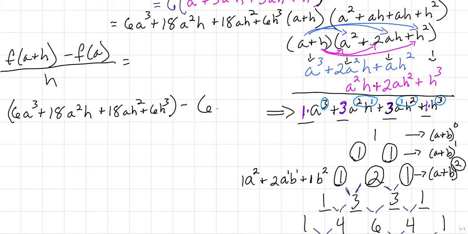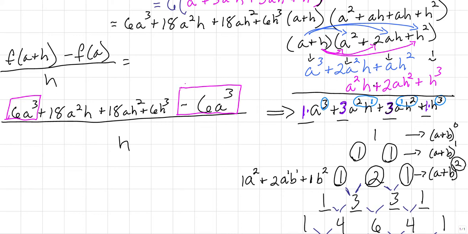We'll subtract 6a cubed. And now you'll notice that once we divide it by h and we apply our operations, for example, let me go ahead and remove the parentheses now. This 6a cubed minus this 6a cubed, those will add to 0.